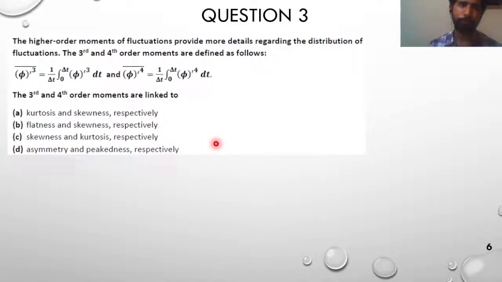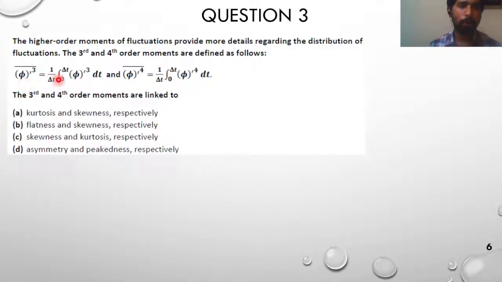In this question, the higher order moments of fluctuations provide more details regarding the distribution of fluctuations. That is the necessity for calculating these statistical parameters. The third and fourth order moments are defined as follows.